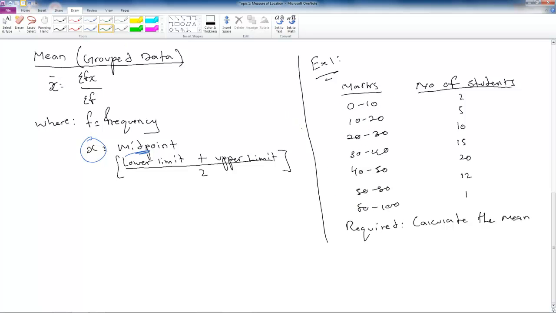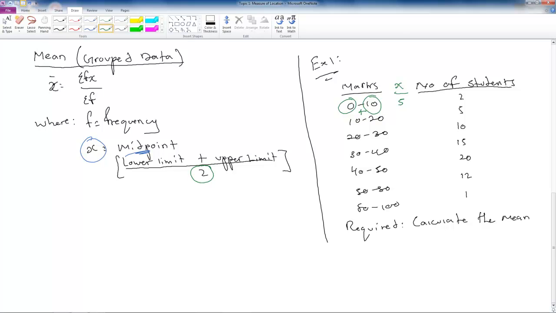So you start from the x here. That means all your left hand side is lower limit, all your right hand side is upper limit. So you take 0 plus 10 and divide with 2, you will get 5.